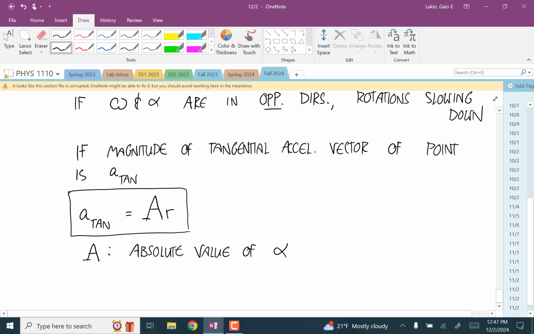So you just throw away the negative sign if you have a negative sign. And r is, well, what do you think that r is going to be? It means the same as it did with angular velocity. Think of it as standing for radius, kind of, and it's the distance from the hinge to the point that you care about.